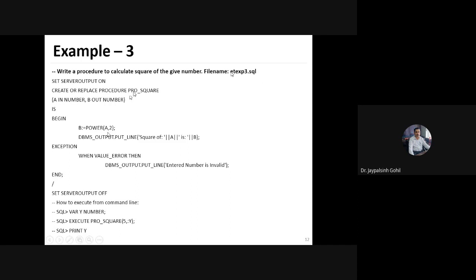So my file name is etexp3.sql. But that is a script file. The procedure object that is created within the Oracle will have the name pro square, right? So with this name I will call a procedure.